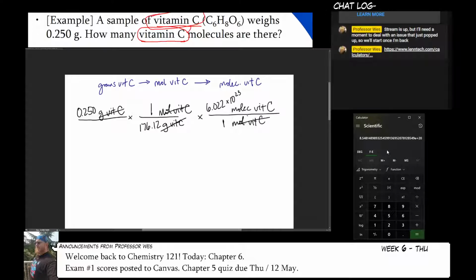And we'll make it an exponent, 8.55 times 10 to the 20. All right. Hopefully you are able to do that.